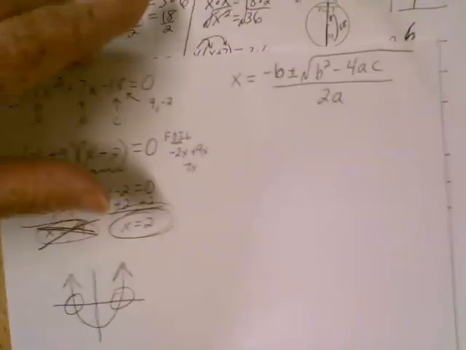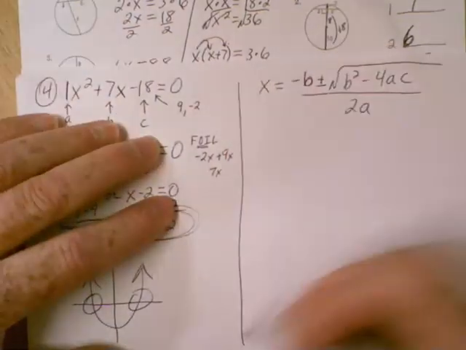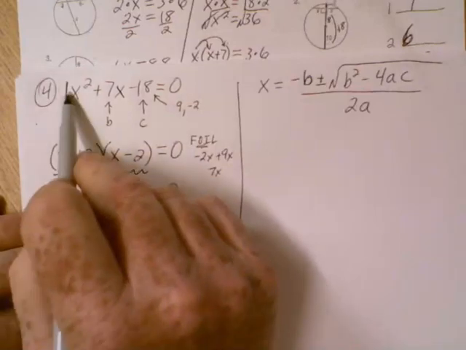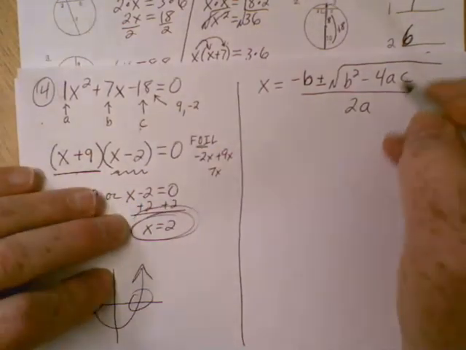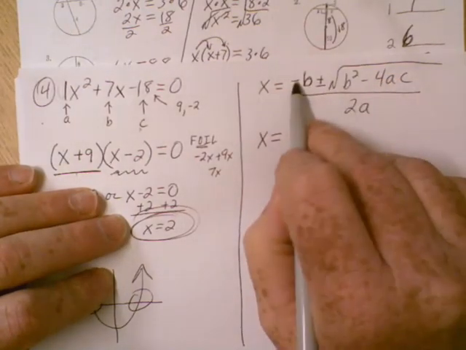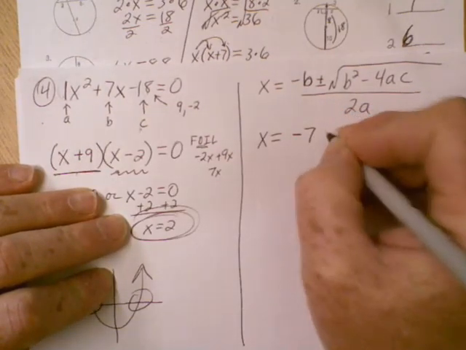Now I'm going to do the quadratic formula for that same problem. This is A, this is B, this is C. So everywhere we see A, we're going to put in 1. Everywhere we see B, we're going to put in 7. Everywhere we see C, we're going to put in negative 18. So I end up with x equals, this means the opposite of B. So B was a positive 7. Now it's going to become a negative 7.